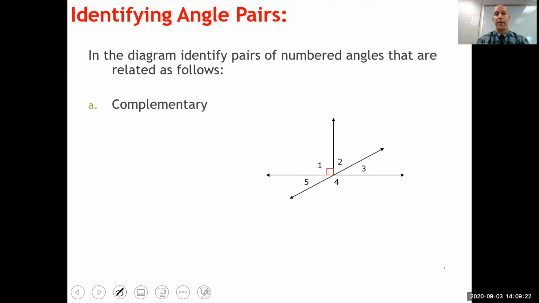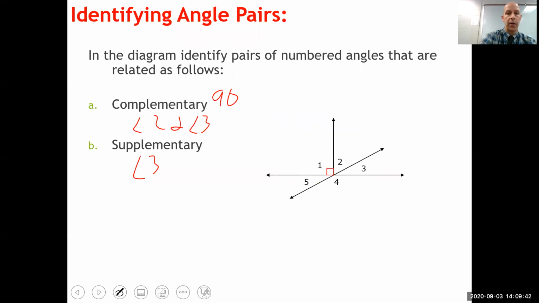So what would be an example of some complementary angles? We look at our diagram, that means two angles that add up to 90. I think angle 2 and angle 3, those two have got to be complementary. How about supplementary angles? Well, one answer is angle 3 and angle 4. I'm just reviewing some of these angle names.